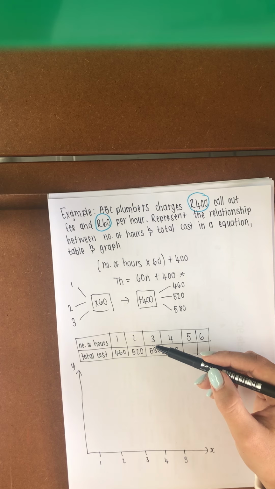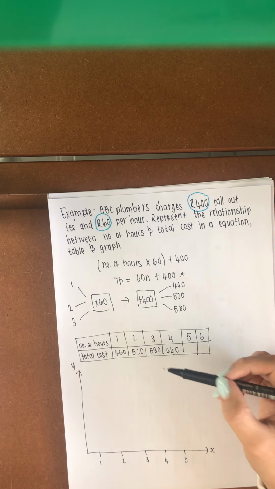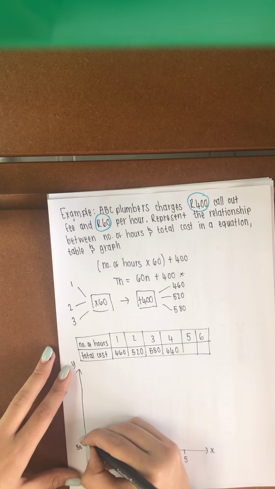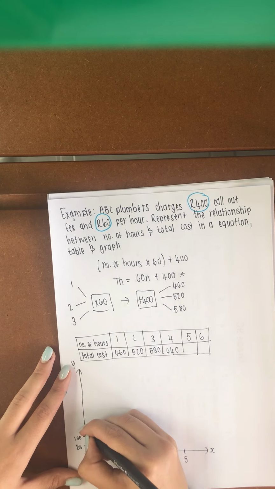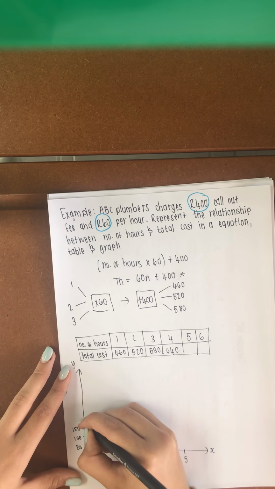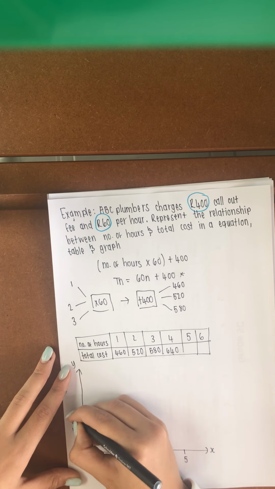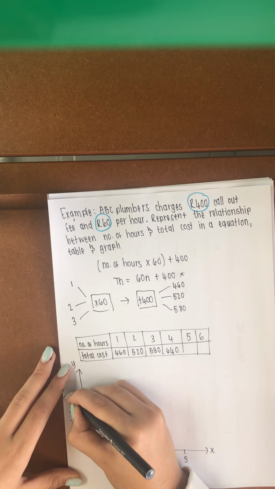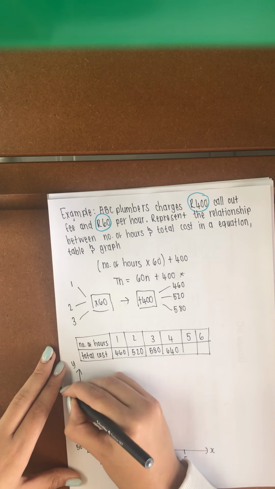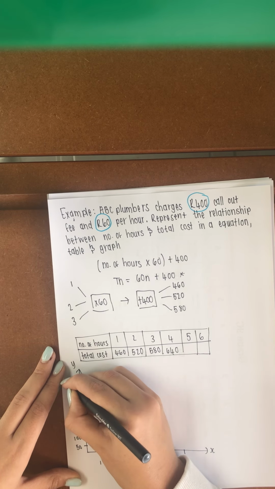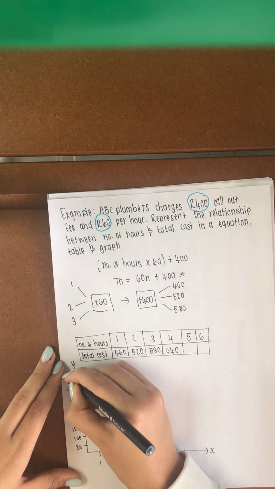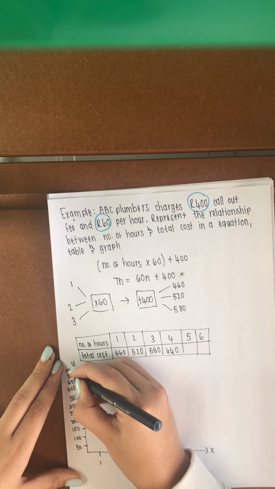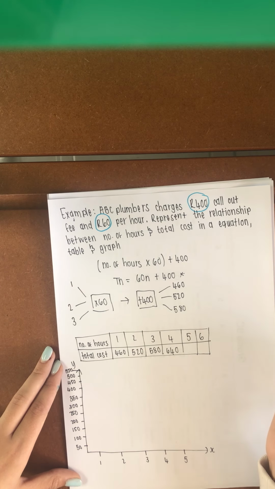Okay, so I'll go up in 50s. So 50, 100, 150, 200, 250, 300, 350, 400, 450, 500, 550.